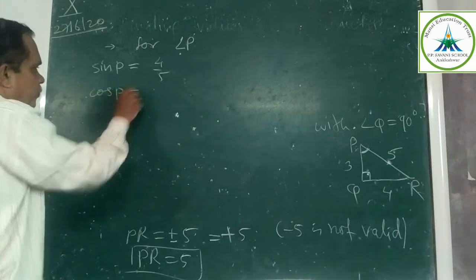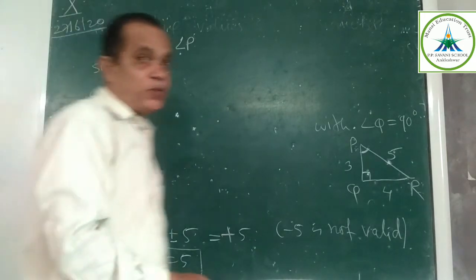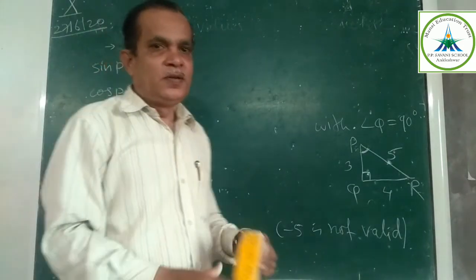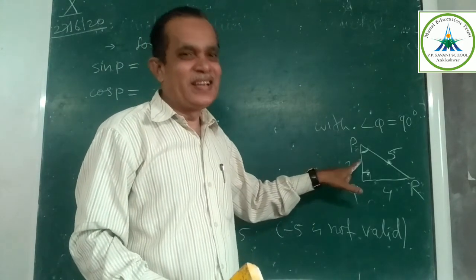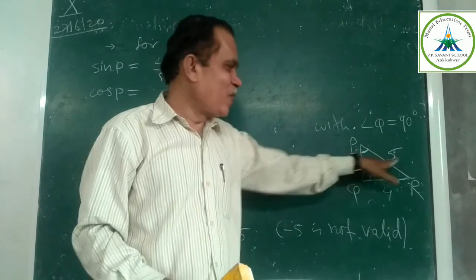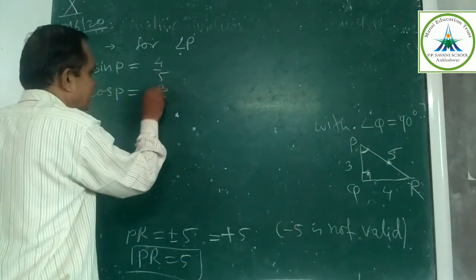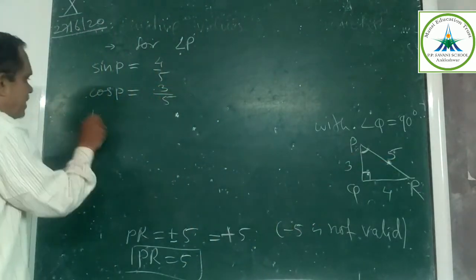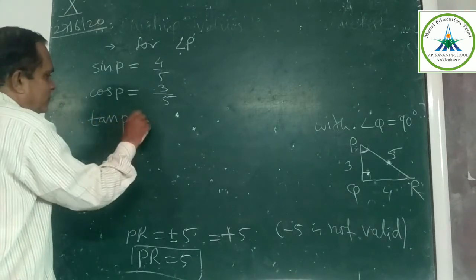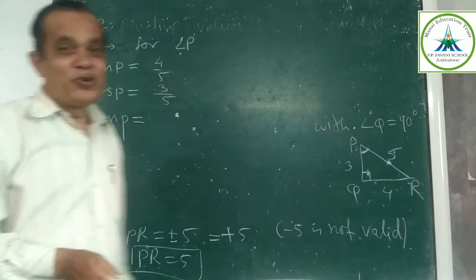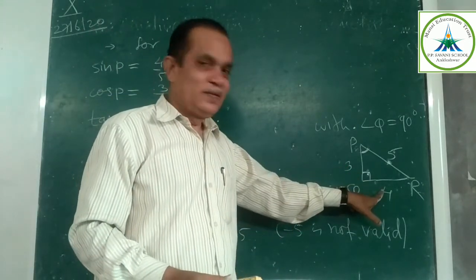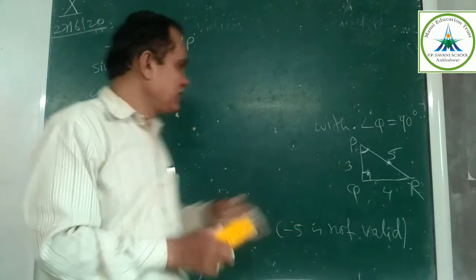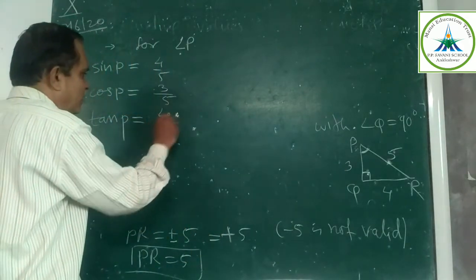Cos P equal to curly brown hairs, base upon hypotenuse. Tan P equal to present beautifully, P for perpendicular and B for base, 4 upon 3.